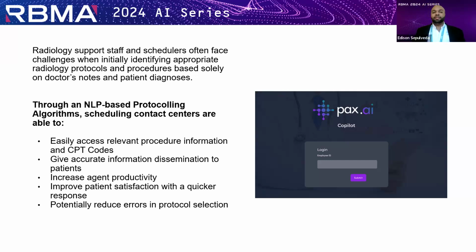What these tools can do, based on the complete history of that patient, coupled with your specific protocols at your center, is tell either the scheduler, or even all the way up to the referring physician if they have access to tools like this, that, okay, this needs to be scheduled as a stat based on that particular history for the patient.